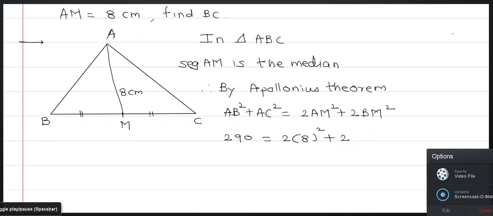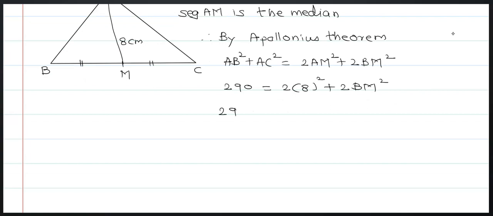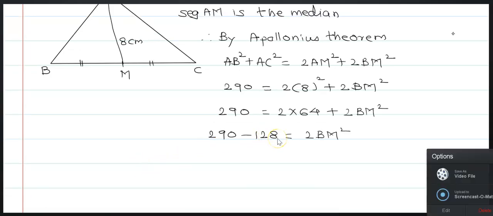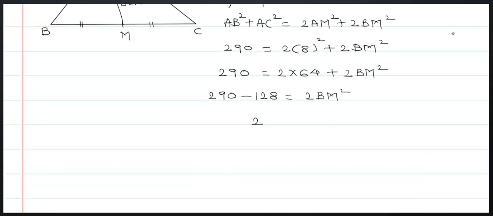Simple calculation is there. That is 290 is equals to 2 into 64 plus 2 times BM square. Therefore, 290 minus 128 is equals to 2 BM square. Therefore, 162 is equals to 2 BM square.